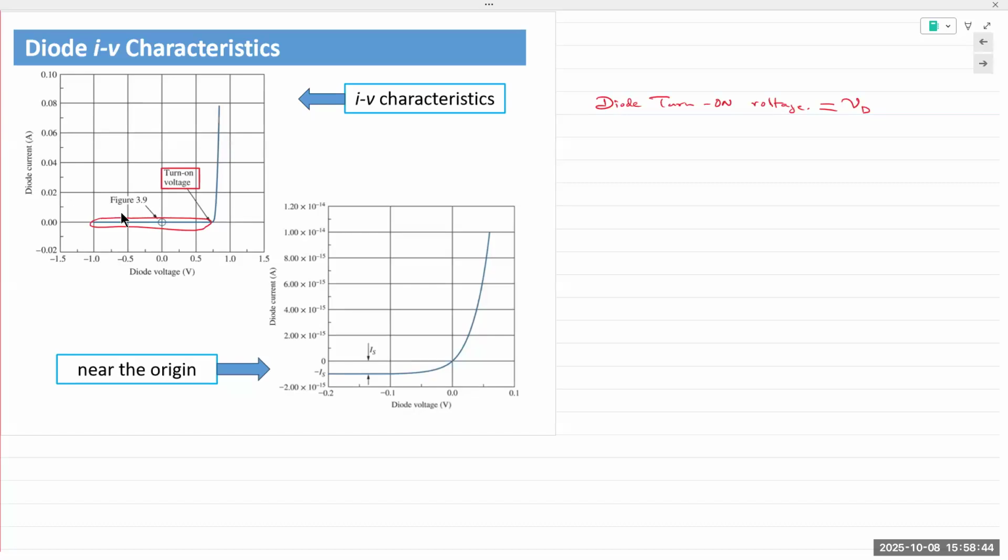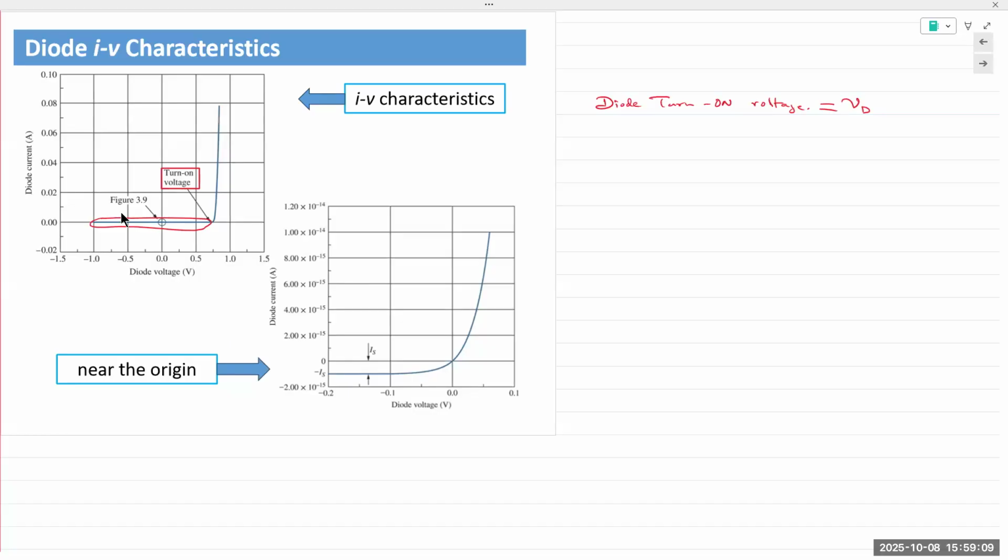It did not have as sharp of a curve because the graph was stretched out and we were only simulating up to 2 volts. If you run that same simulation all the way up to 10, 15, 20 volts, and the graph is squeezed, you will see it's the same exponential growth. Okay.